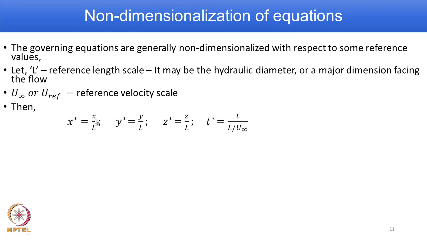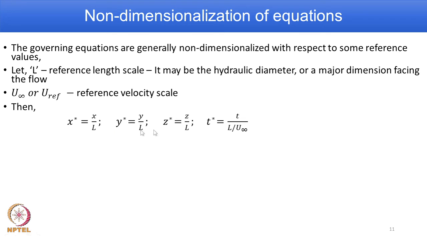So, x is non-dimensionalized with L, and this non-dimensionalized quantity is referred to with the superscript star. So, x star is the non-dimensionalized length, x is the actual length, and L is the reference length, and we know they both have the same unit. So, x star has no unit. You can define similarly for the other two length dimensions.